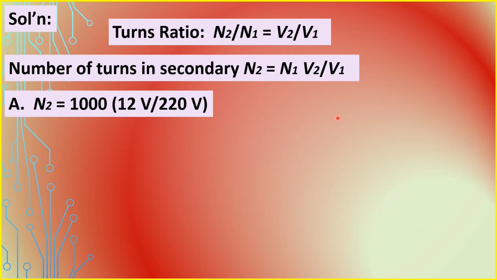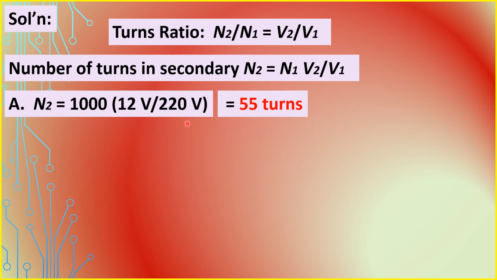Starting with option letter A, N2 is equal to 1000 turns multiplied by V2, which is 12 volts, divided by V1, which is 220 volts. And we get the number of turns in the secondary equal to 55 turns.